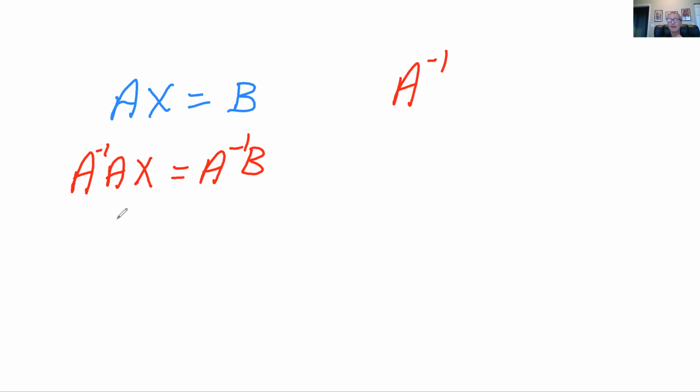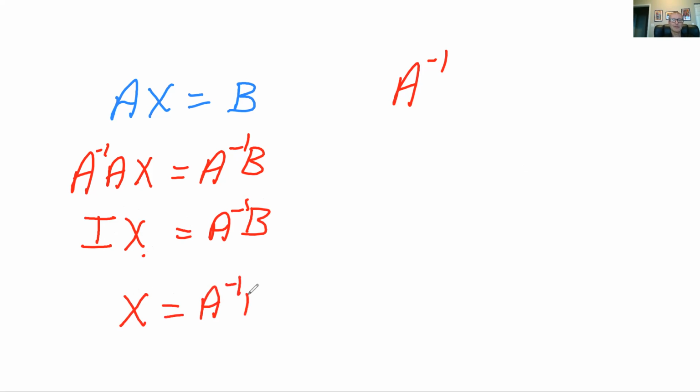If you do that, A inverse times A is the identity matrix I. And so we would have A inverse B. And remember, I times any matrix is what? It would just be that matrix. So this is how you could solve it as well. Computers like calculating inverses. So you could definitely do that.